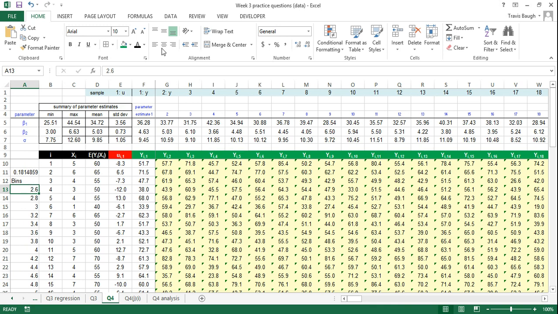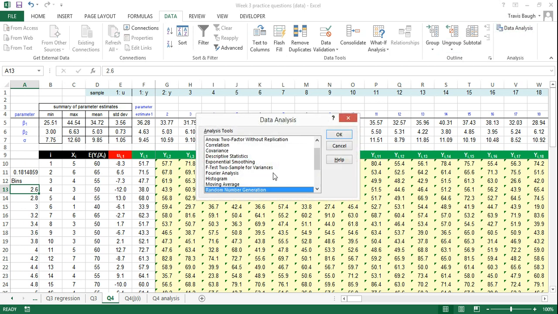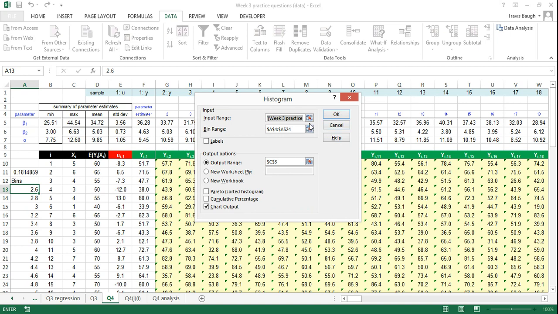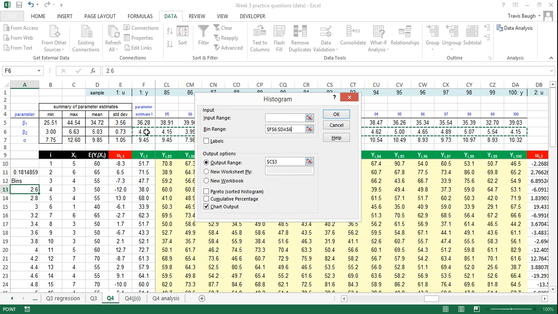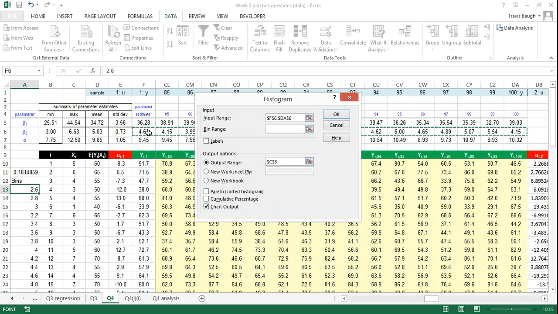Okay, now to get the histogram, we're going to go Data, Data Analysis, Histogram. The input range is going to be this series of estimates for B2.